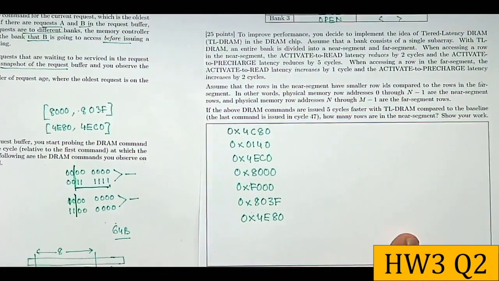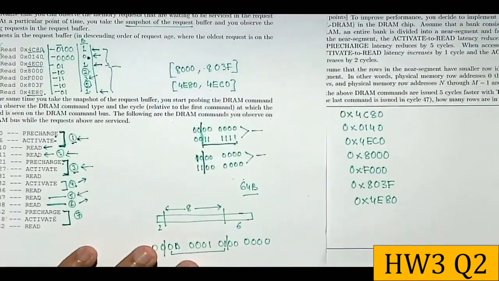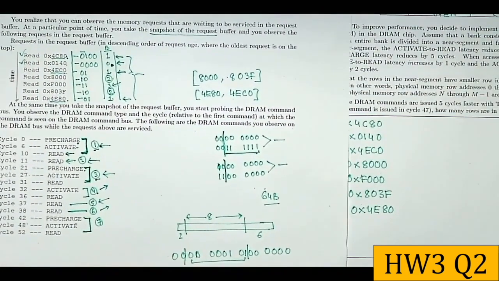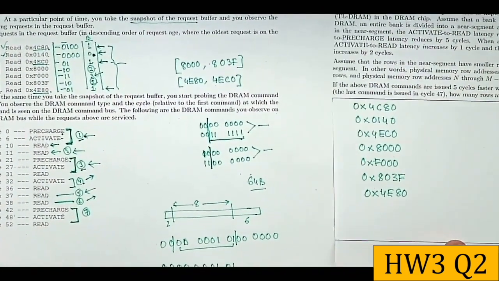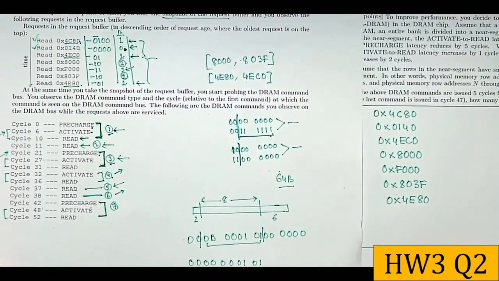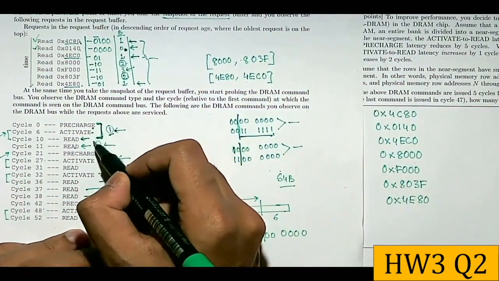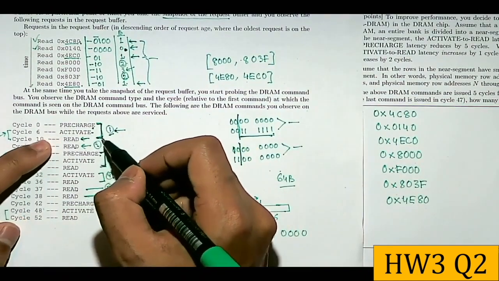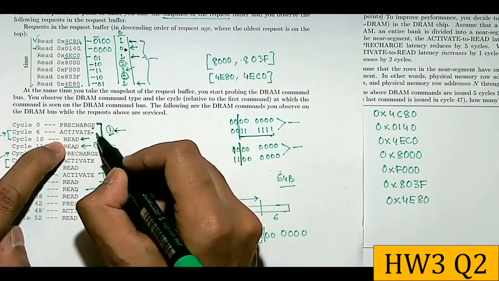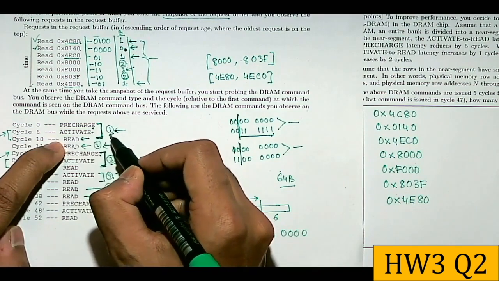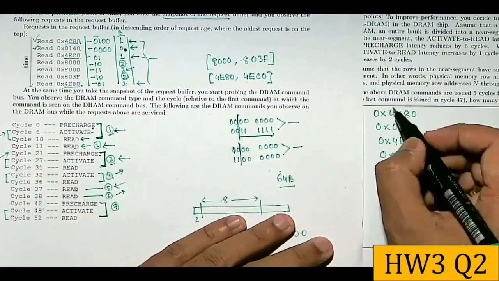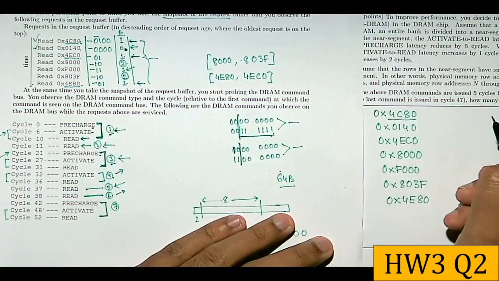Okay, now let's see. Can I show this side by side? Yeah, that's possible. So now let's say this is a pre-charge, activate, and the read command, right? So let's see, this activate is happening to which bank and which row. So this activate is definitely for this guy, right?